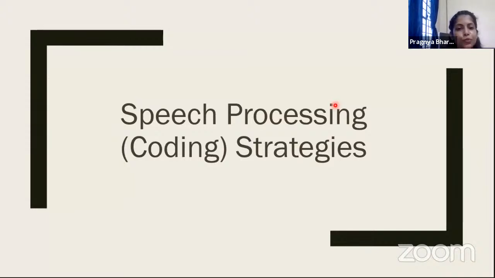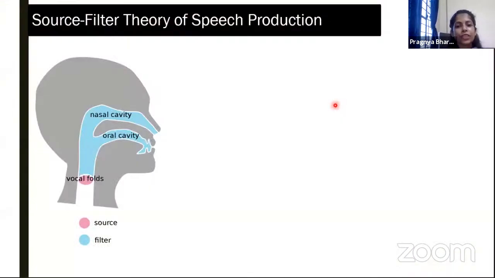Now, going into the speech coding strategies per se. Before jumping straight into the speech coding strategies, I would like to take a step back and refresh our memories about the theories of how sound is produced and how we perceive sound. According to the source filter theory of speech production, our vocal folds basically act as the source of energy for speech production, right?